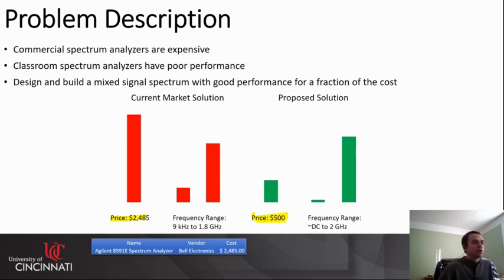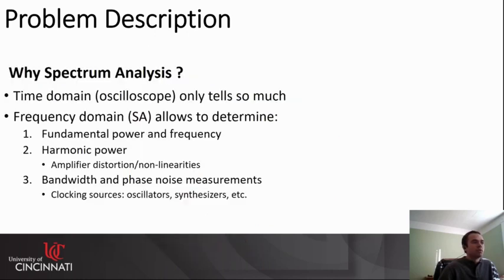So that's what we're hoping to do, and let's get into why we do spectrum analysis to begin with. I told you why we want to build the spectrum analyzer: the current solutions are too high of a price for a university to afford. But why do spectrum analysis to begin with?